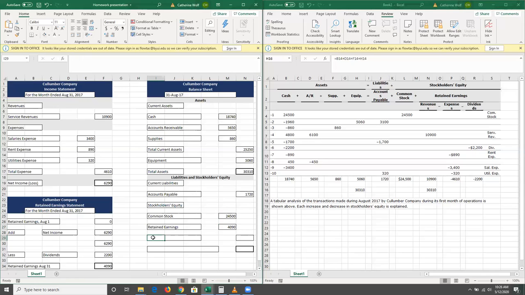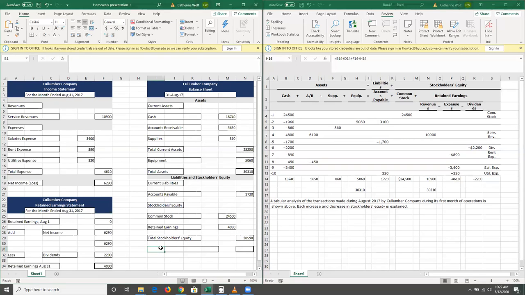Then for last, we're going to put total stockholders' equity. And that is going to total out. We're going to add the common stock and the retained earnings, and that will end up being $28,590.